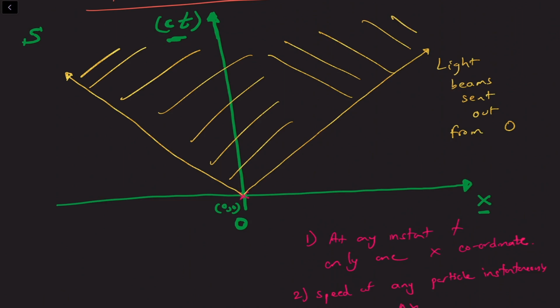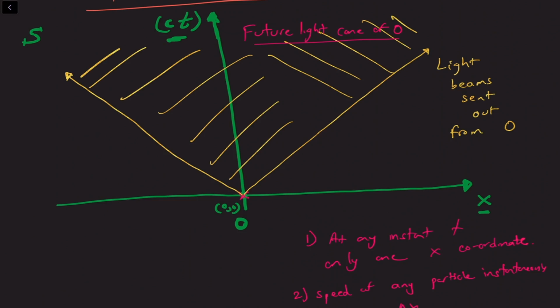So this is called the future light cone of O, and we can draw this future light cone for any space-time point. This gives you the set of all space-time points that O can influence in the future, either by sending light signals or anything else. Any space-time points outside this light cone, O can never communicate with by sending a light beam.